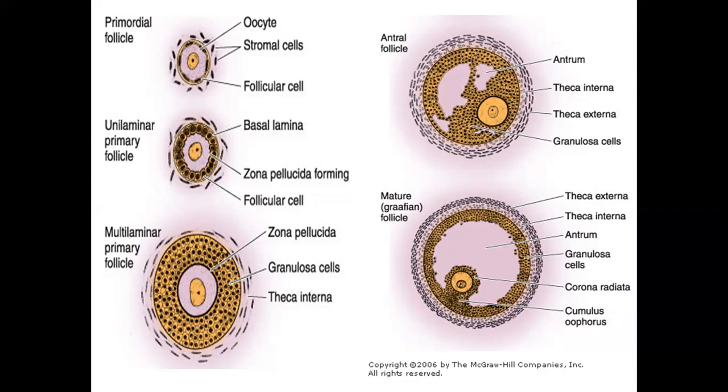What is constant in all these types of follicles is that they contain an arrested primary oocyte in the very center, surrounded by a protein layer termed zona pellucida. In a primordial follicle, the oocyte is surrounded by simple squamous cells, labeled here as follicular cells. This is the histological feature for identification of a primordial follicle.